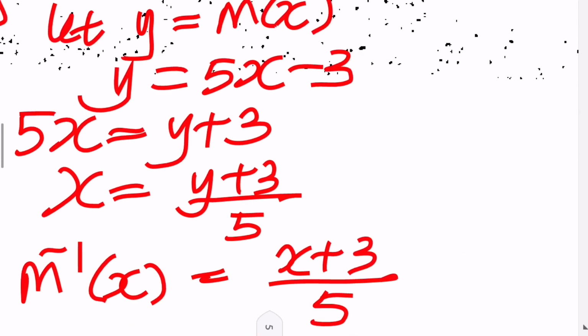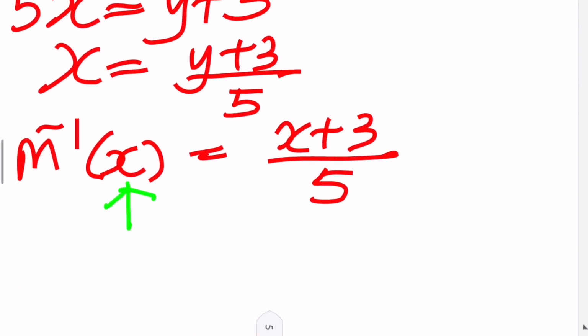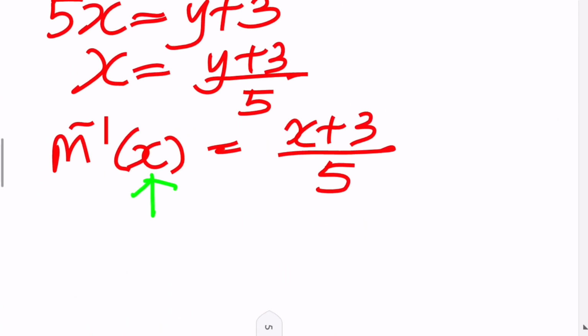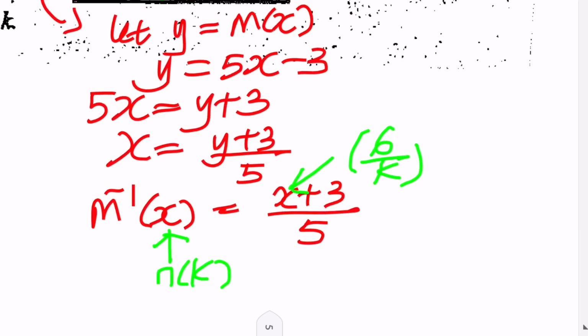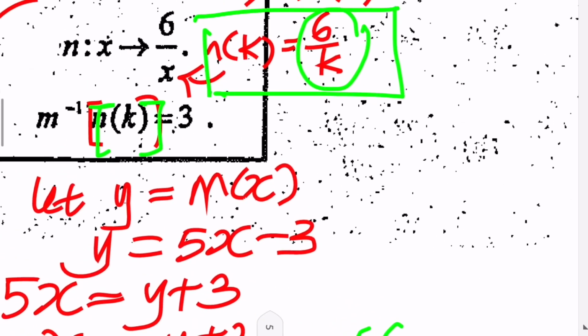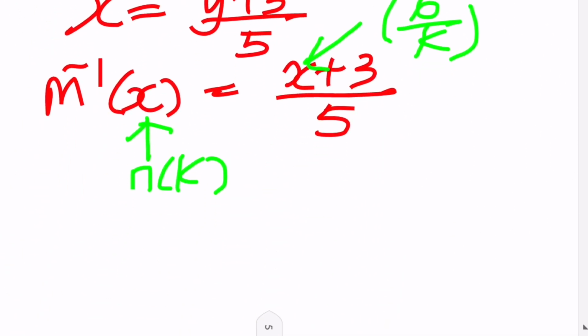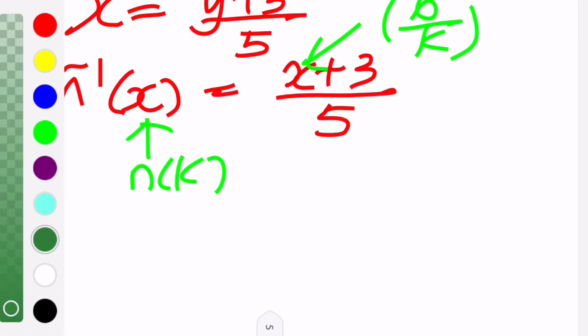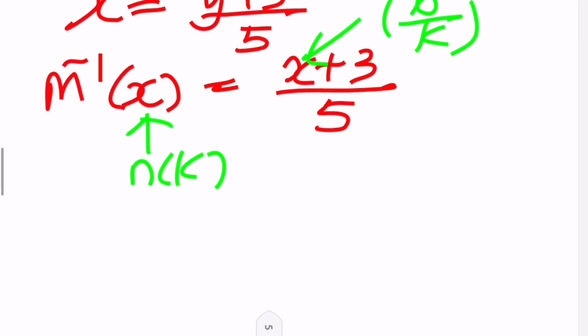So I'm going to substitute n(k) to the left. So for the left hand side, you will substitute the function n(k), and for the right hand side, you will substitute 6 over k. That means left goes to left, right goes to the right. Okay, so then you simplify the m inverse n(k).